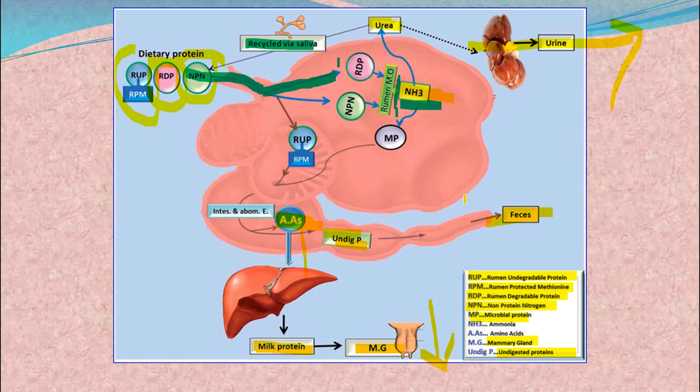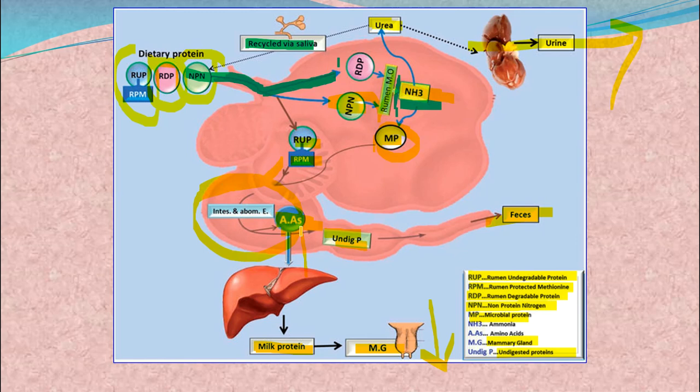The non-proteinous nitrogens become substrates for the ruminal microorganisms, which produce ammonia. Ammonia is utilized as a source of protein, also called microbial protein.